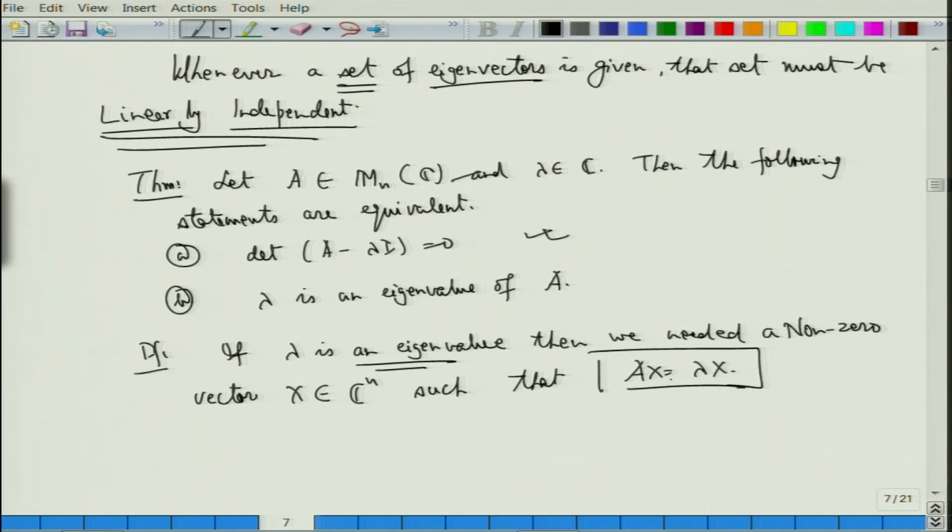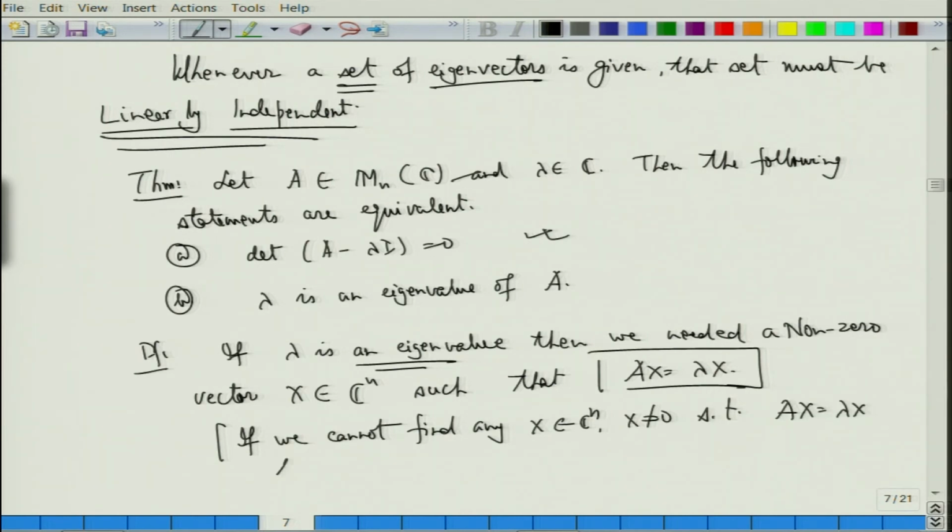So if we cannot find any x belonging to Cn, x not equal to 0, such that Ax is equal to lambda x, then lambda is not an eigenvalue. All right, this is what you have to be careful about.